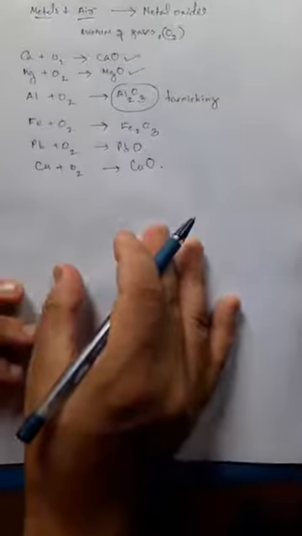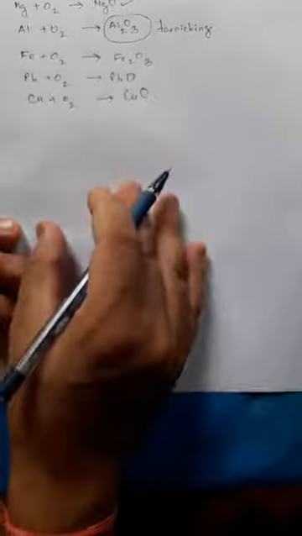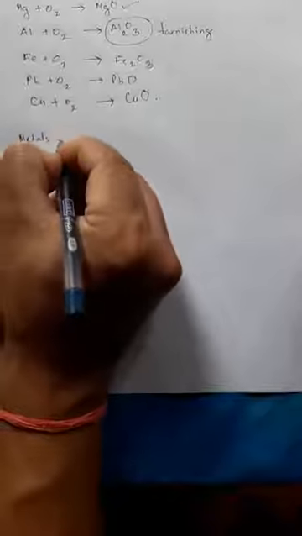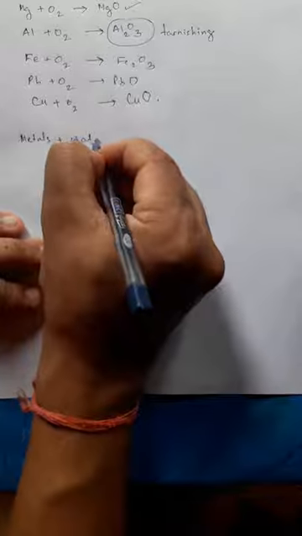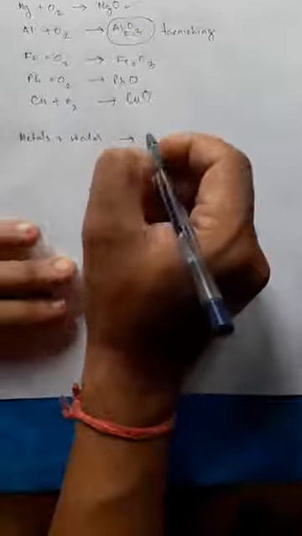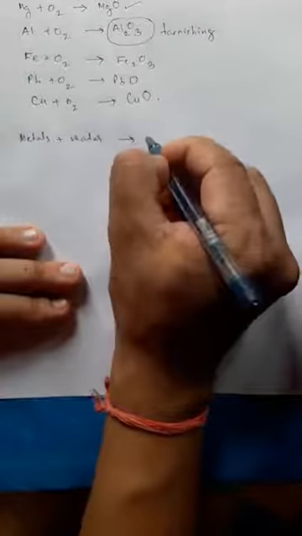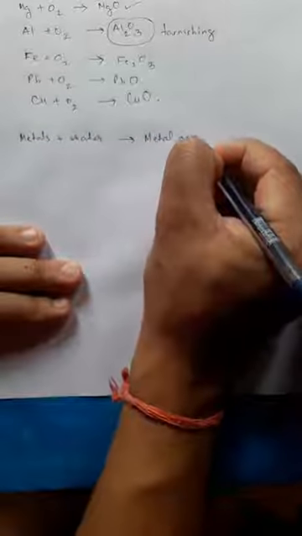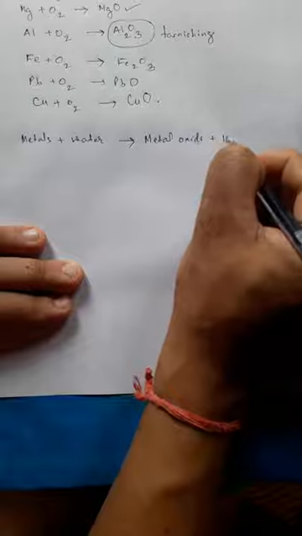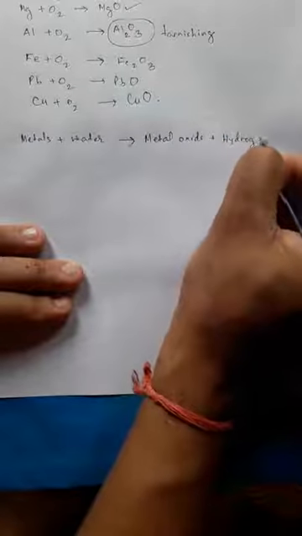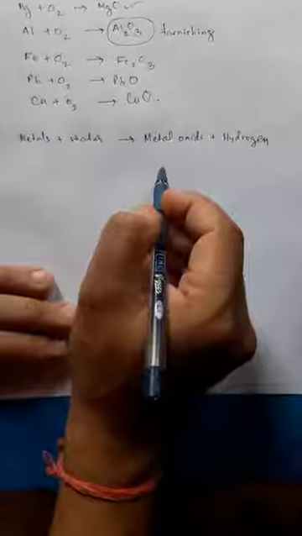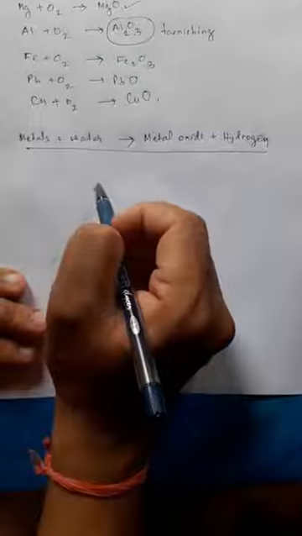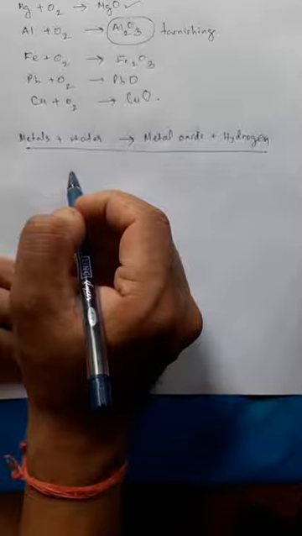Likewise, we can see the reaction of metals with water. Metals plus water is going to give you metal oxide and hydrogen. It depends upon the reactions. These reactions depend on whether we are using hot water or cold water.